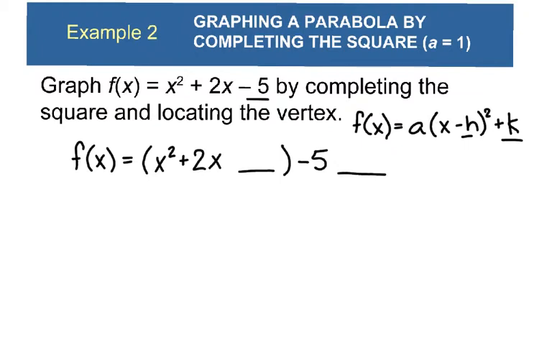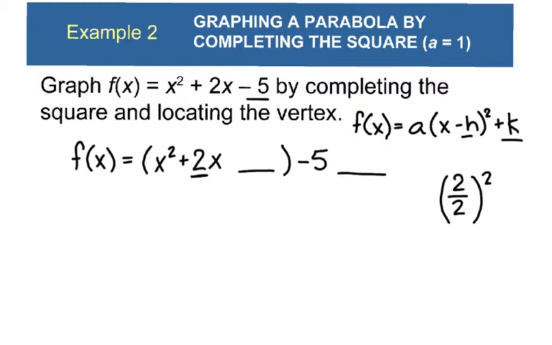What number goes in those blanks comes from the coefficient on your x term. Take that x term, divide it by 2, and then square it. So whatever that coefficient is, divide it by 2, square it, and that's the number that is going to go in each of these blanks.